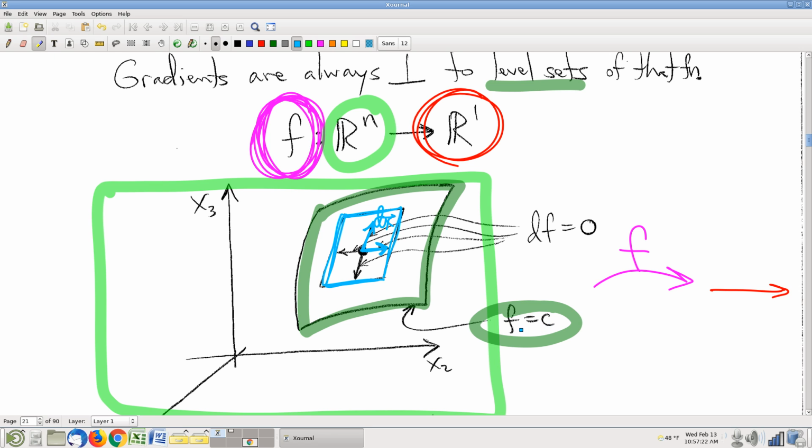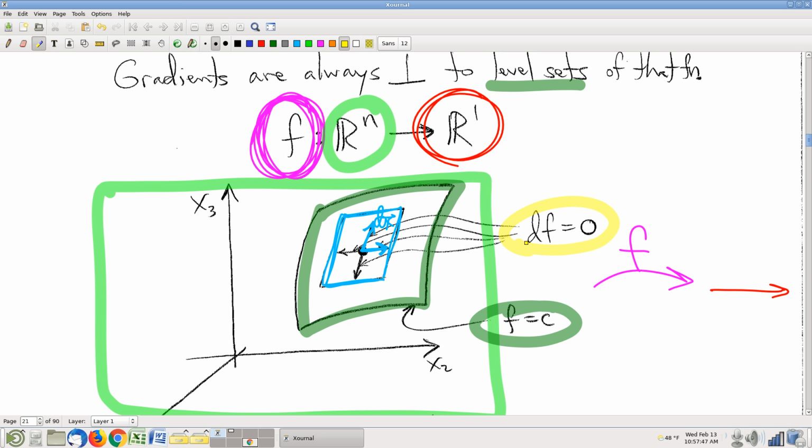The surface has f as a constant, and so along all of these tangent vectors, df is equal to 0. First observation, right? As you're moving parallel to a level set, by definition of level set, the function's at that instant not changing. Level set means function's constant.